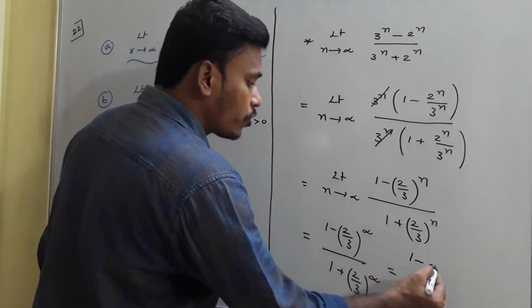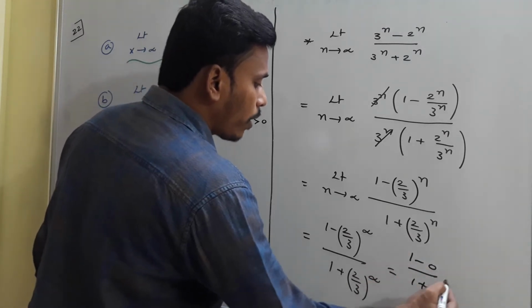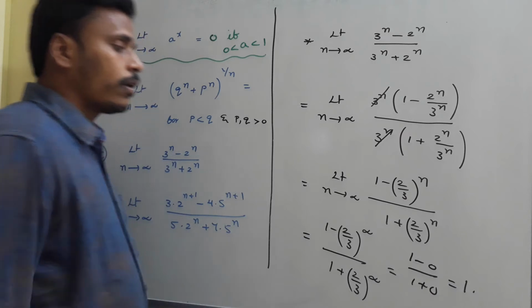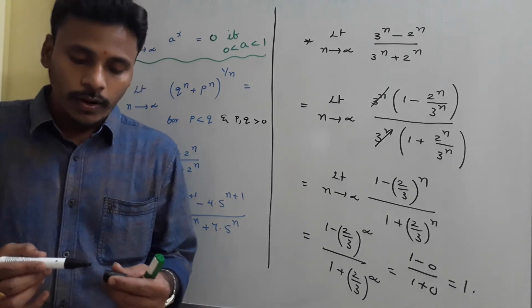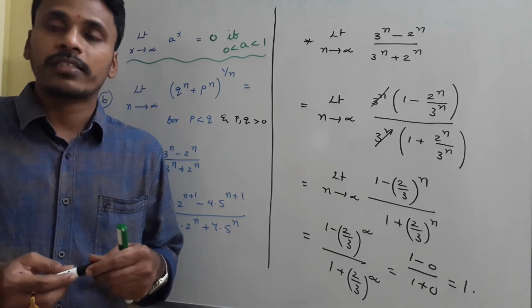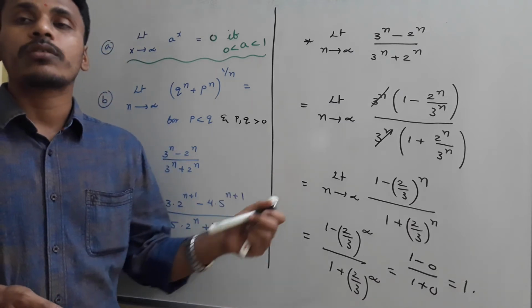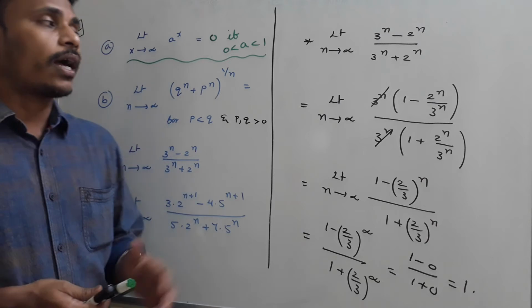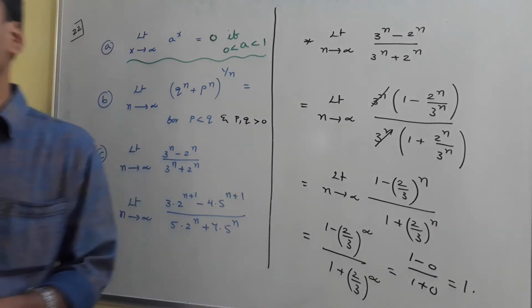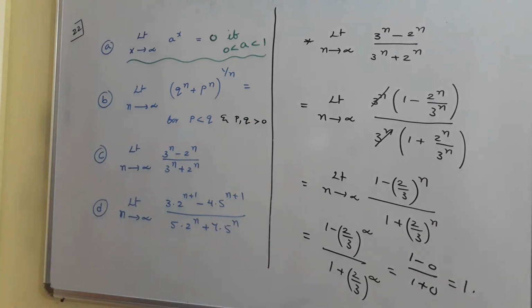So 1 minus 0 divided by 1 plus 0 is equals to 1, which is your answer. So when direct substitution gives you an indeterminate form, to avoid that you need to use some logical skill of mathematics, and here I applied it in this way. Have a look and then try the next problem.